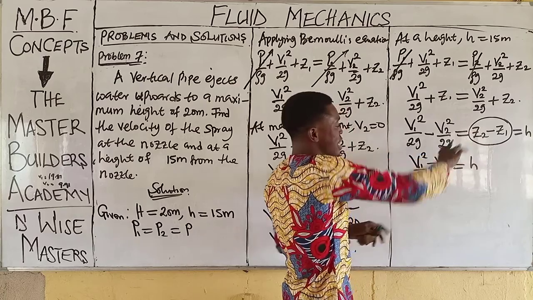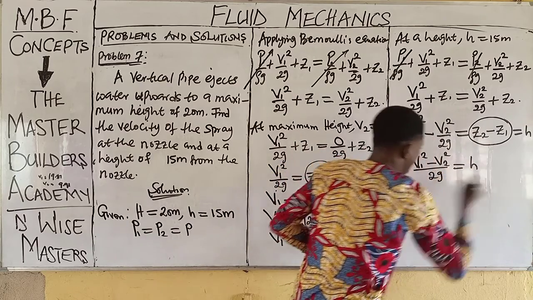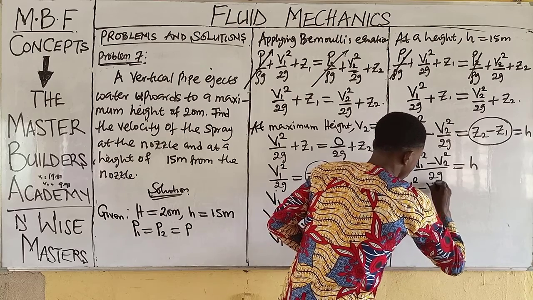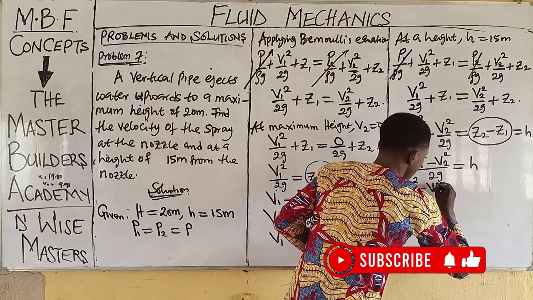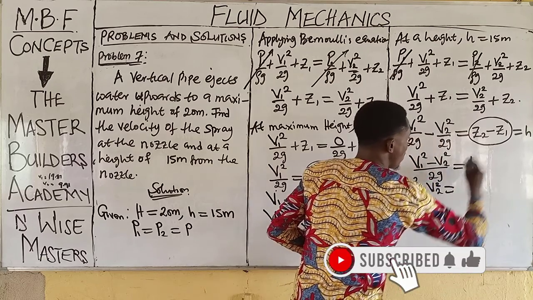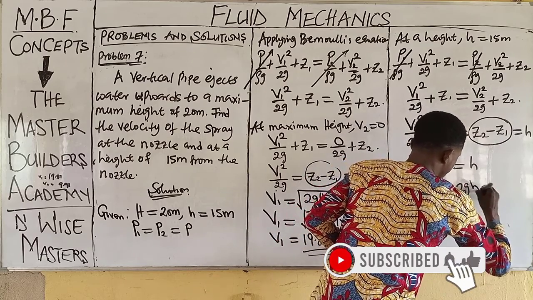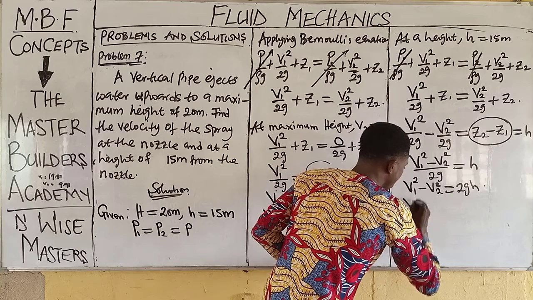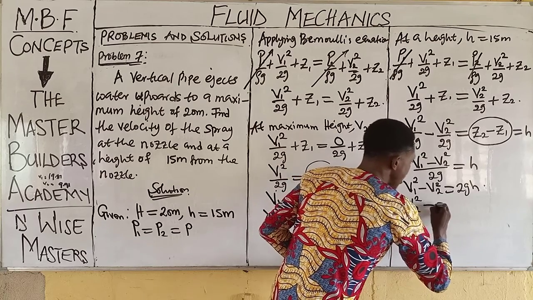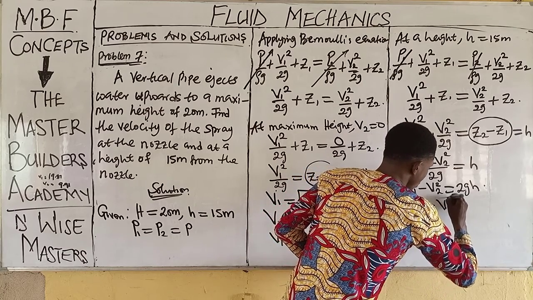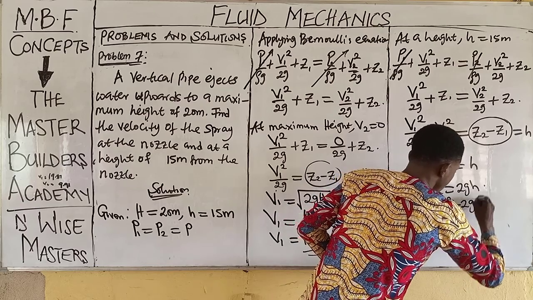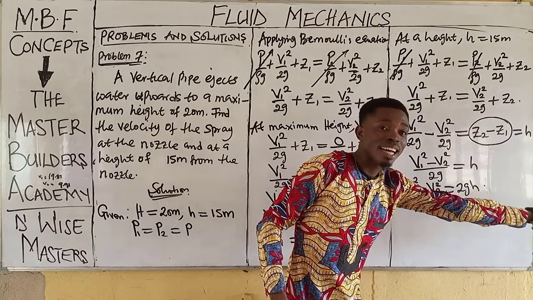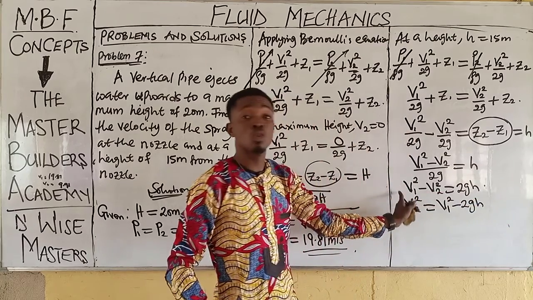Trying to make this the subject of the formula, we cross multiply. When we cross multiply, we have v1 squared minus v2 squared is equal to 2g multiplied by h. Finally, this gives us v2 squared is equal to v1 squared minus 2gh, just by taking v2 squared to the right end and taking this term to this end.